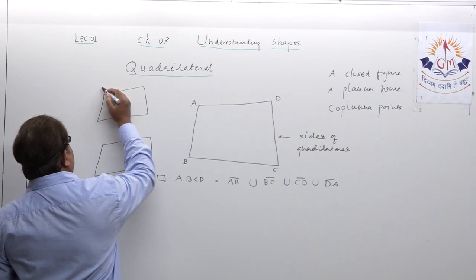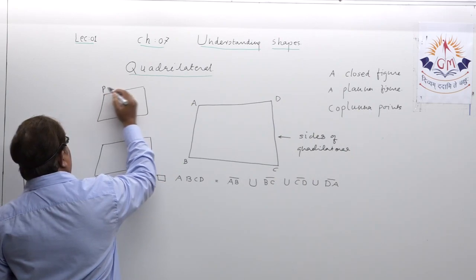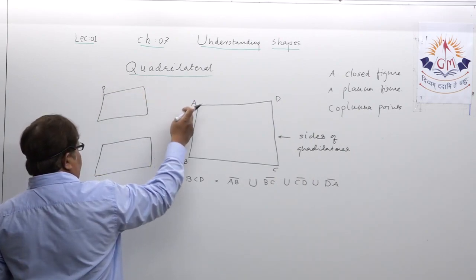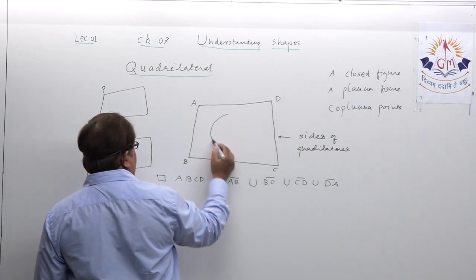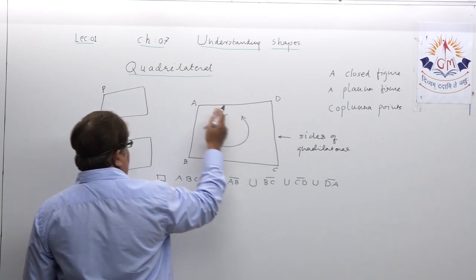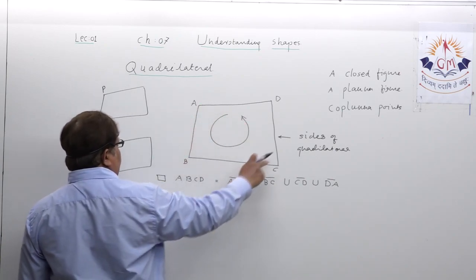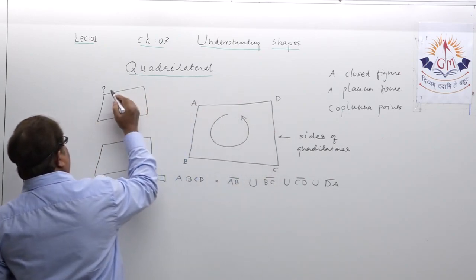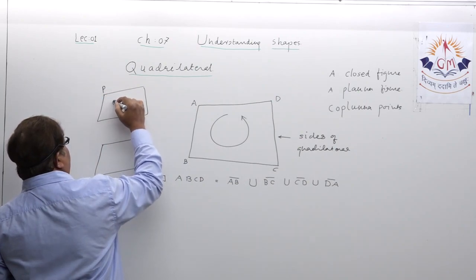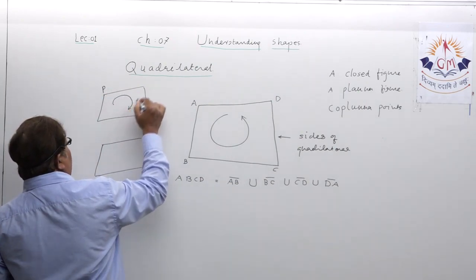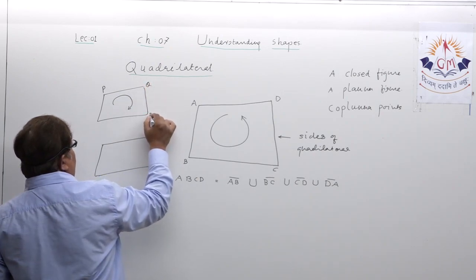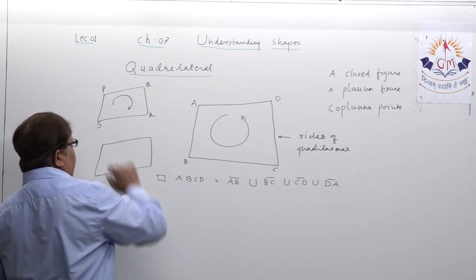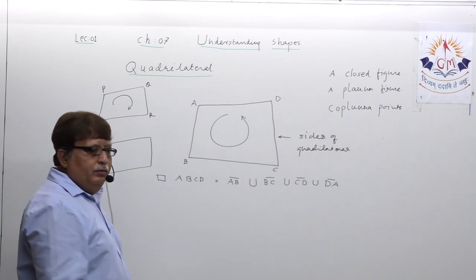Suppose I name it PQRS, okay? So here, dear student, I was moving anti-clockwise, A, B, C, D. Here I can move clockwise also. I can move this way, quadrilateral PQRS. This is also the way to move.